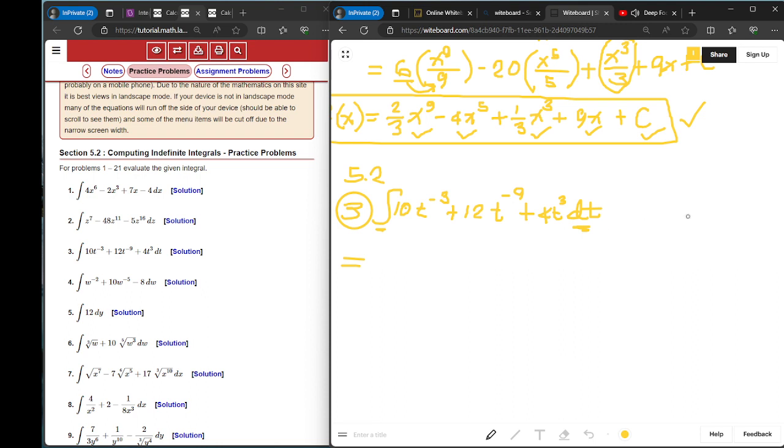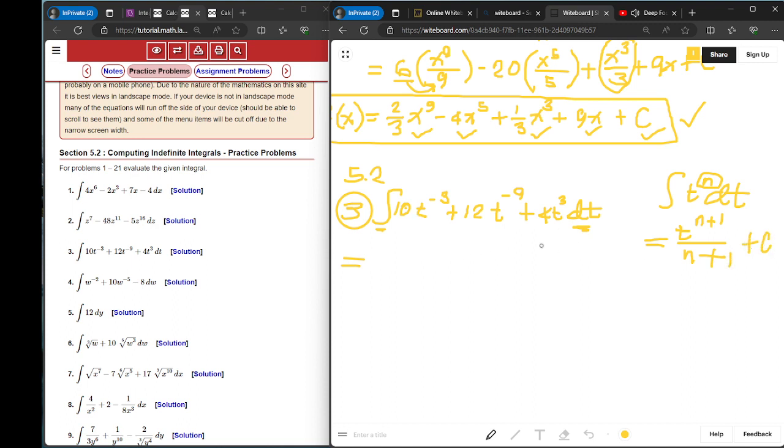So take note that in the rule, if we have the integral of t to the n dt, we'll have to add 1 to the exponent. Remember, add 1. Then plus c.